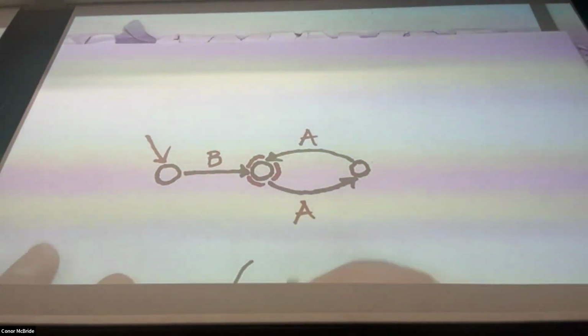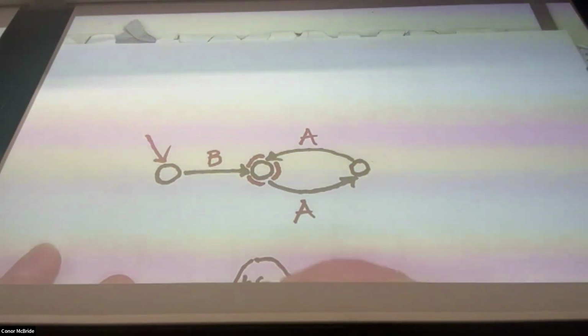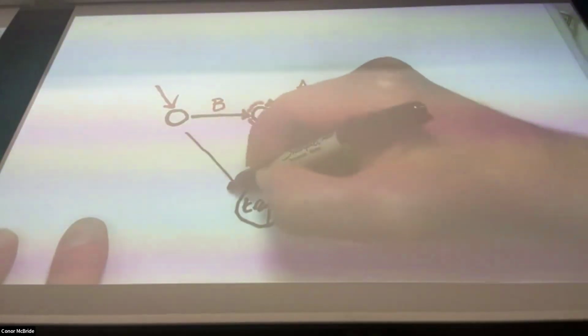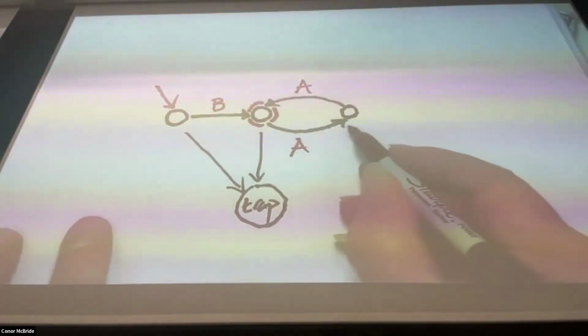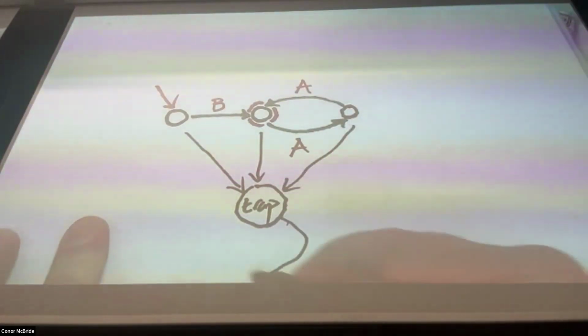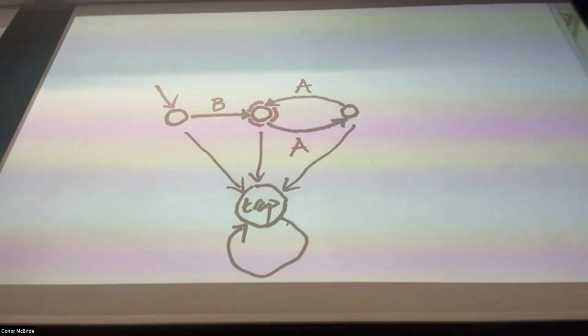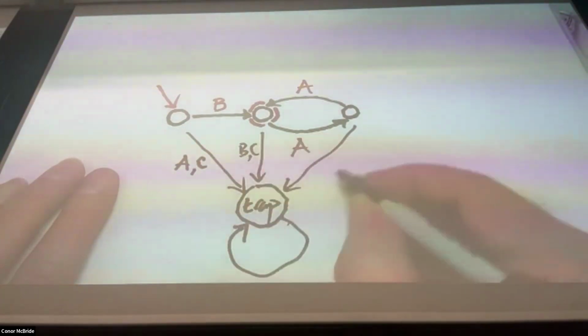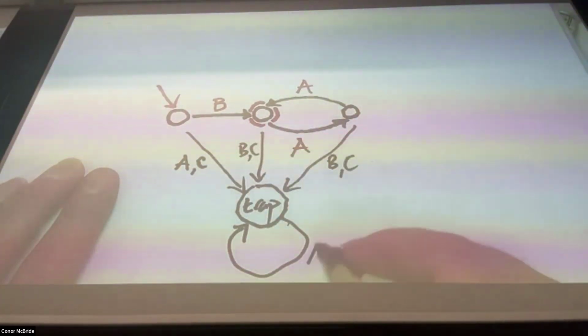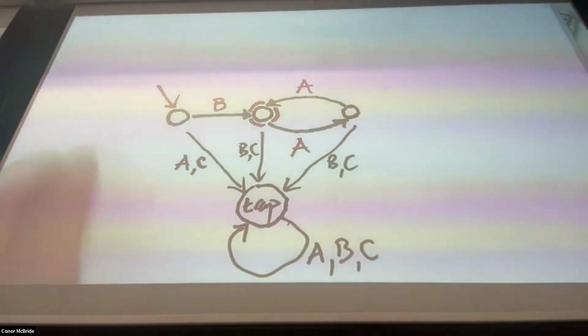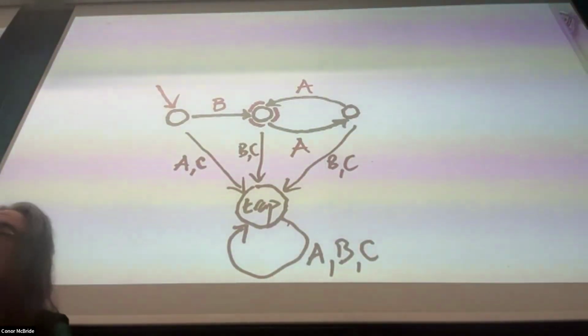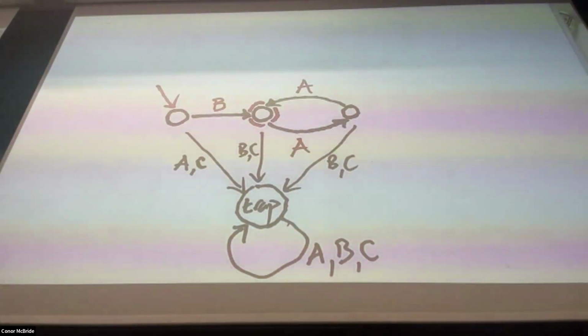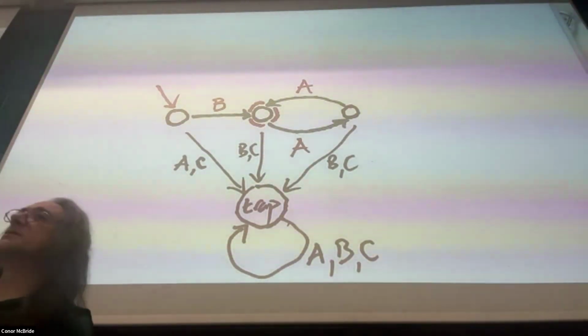Draw it big. It's a trap. And what happens is that anything we left out, anything that's missing, sends you into the trap.